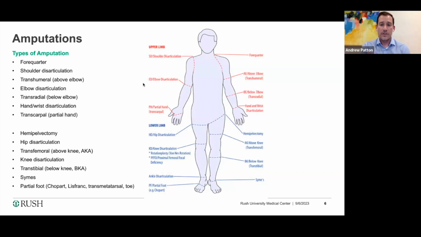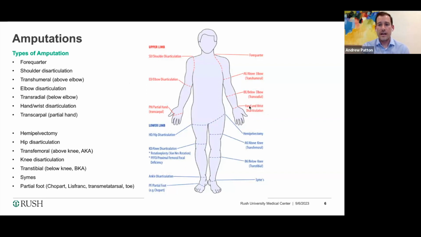Then you can have an elbow disarticulation where they just take the humerus and separate it from the ulna and radius. Then you can have a below elbow, which is transradial, which makes sense. Why they picked that instead of ulna, I'm not actually sure, but you will hear that they always basically go off of the radius on that one and not the ulna.